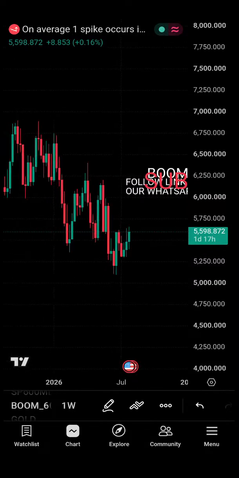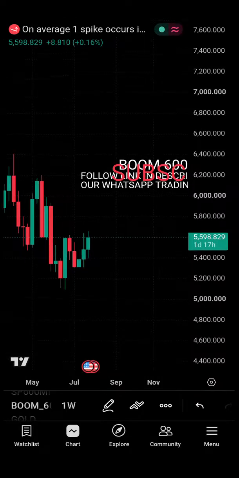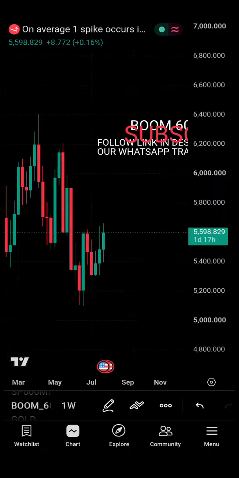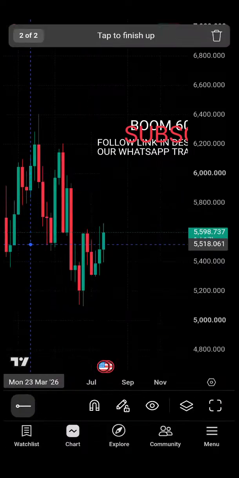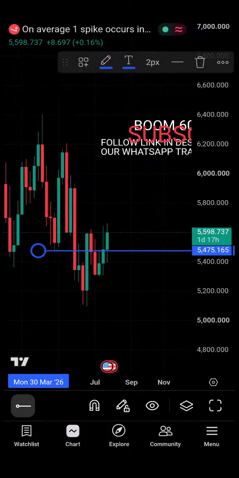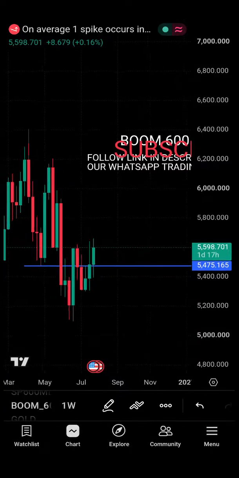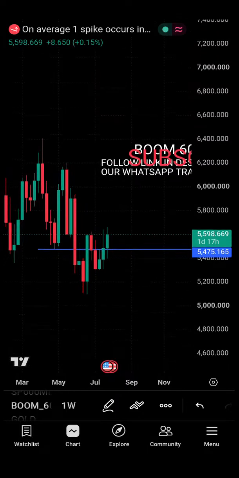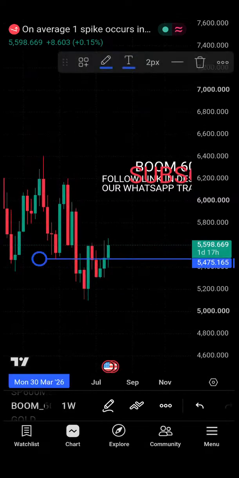Now we are looking at Boom 600, and you can see that it's been in a downtrend, and we had our last break of structure around this area. The market is trading above this level.